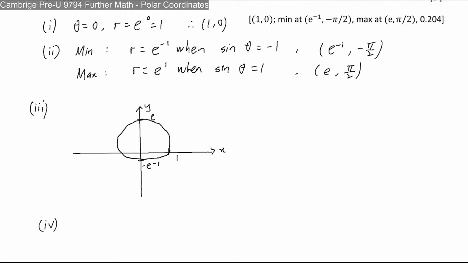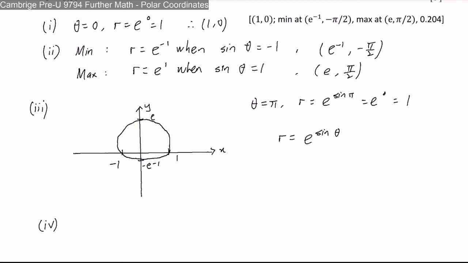So basically, this curve is symmetric at the y-axis. So this one is a negative 1. Because what we can do is we can also try out the value of r. Let's say theta equals pi. So we have r equals e to the power of sine pi. So sine pi is 0, so that gives us r is 1. So it should be symmetrical at the y-axis, because we have sine theta.